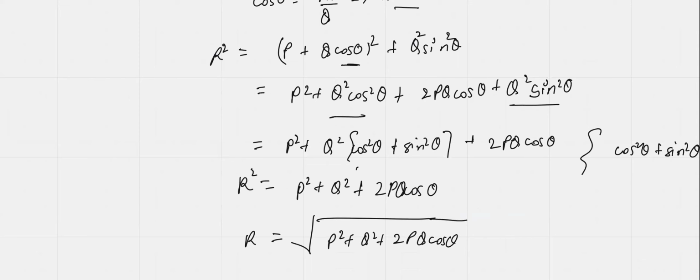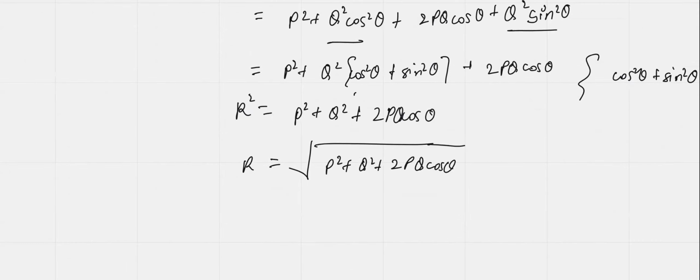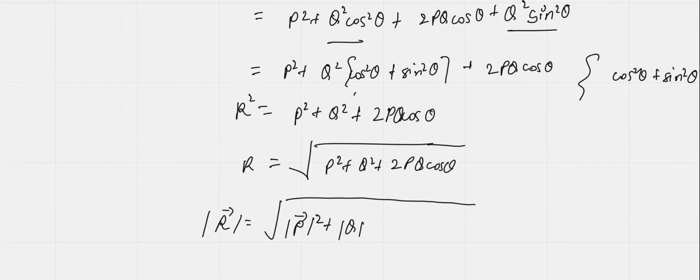Finally, in a better manner, the resultant vector magnitude can be written as the square root of the magnitude of P vector squared, and so on. Both are the same, it's just about the representation. I wanted to give both representations with P vector, Q vector, and cos theta.